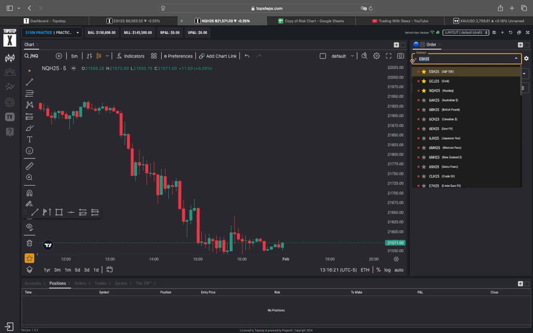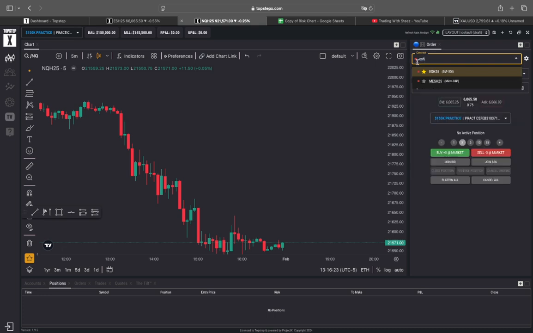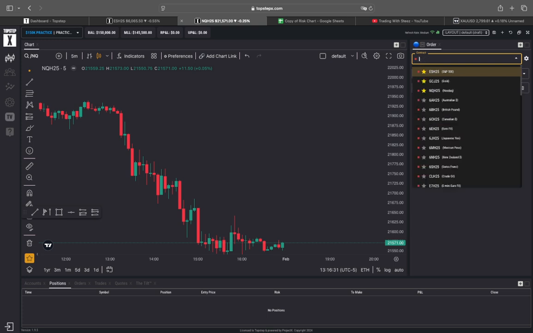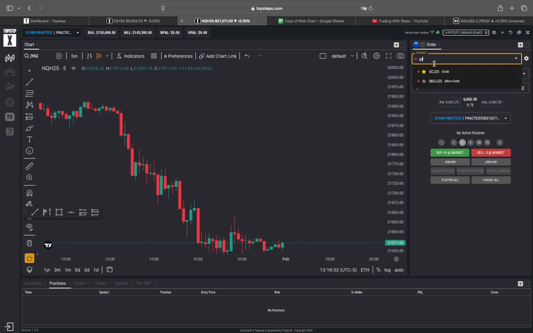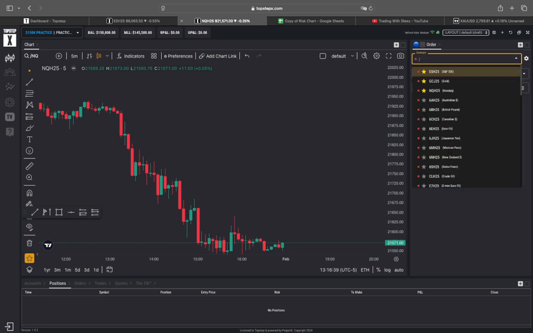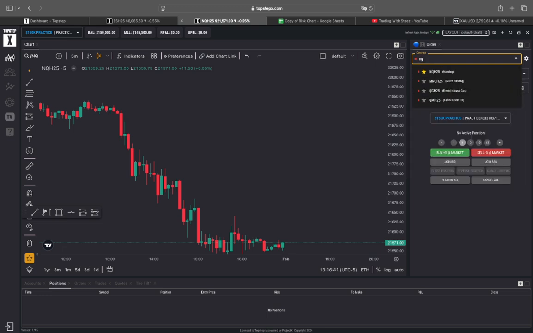So if you come up here, you type in ES, you get ESH25, you star that so it can be in your favorites. That's S&P 500. Gold is GC. You can type in GC and you'll see GCJ25. Favorite that for gold. And NAS, type in NQ and you'll pull up NQH25, and favorite that as well.